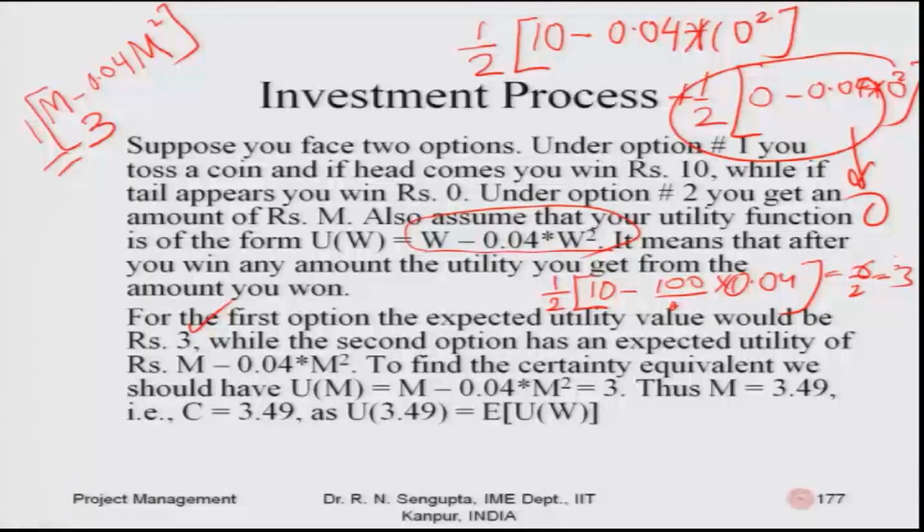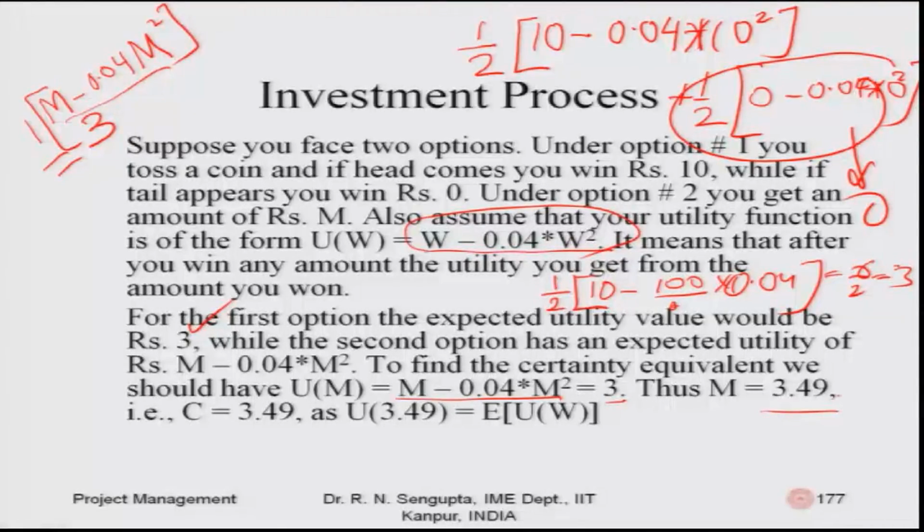So, let me continue. While the second option has an expected utility as given, to find out the certainty value we equate these values. So this equation is equal to 3, and from this we find out 3.49.